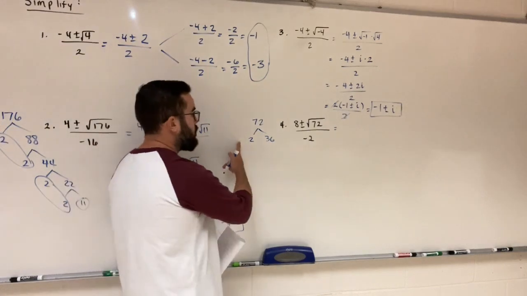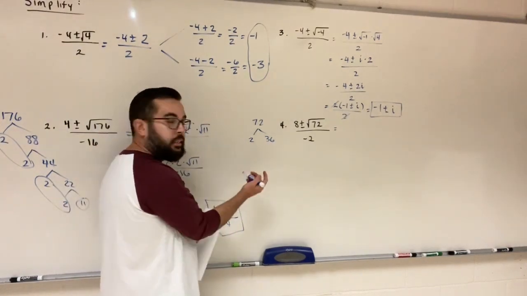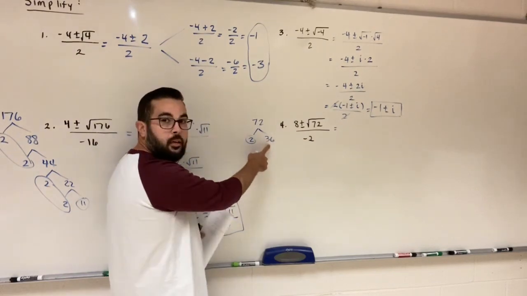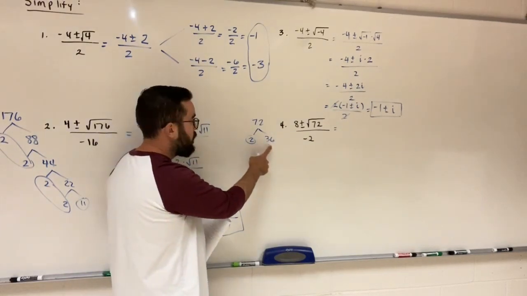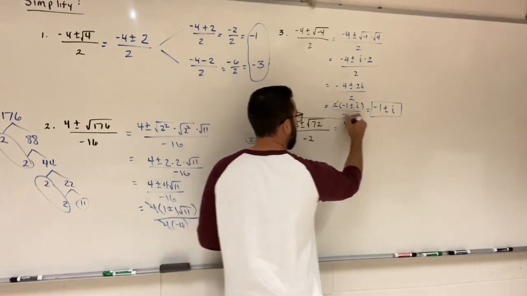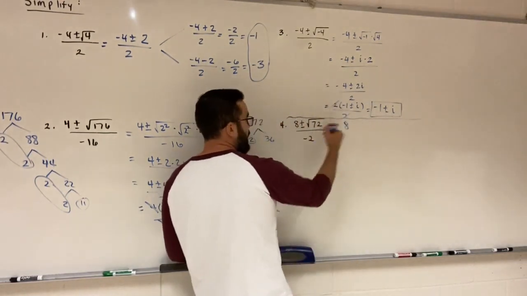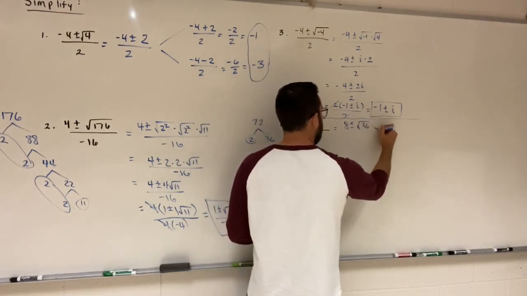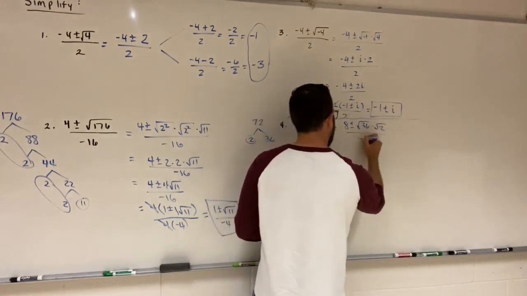So 72 is 2 times 36, and I notice right there, there's a perfect square. Okay? So this is a new problem. We're going to have 8 plus or minus the square root of 36 times the square root of 2 over negative 2.